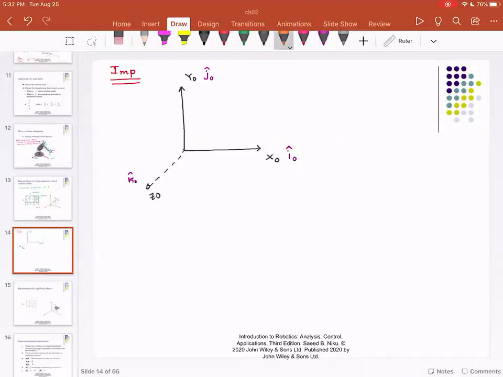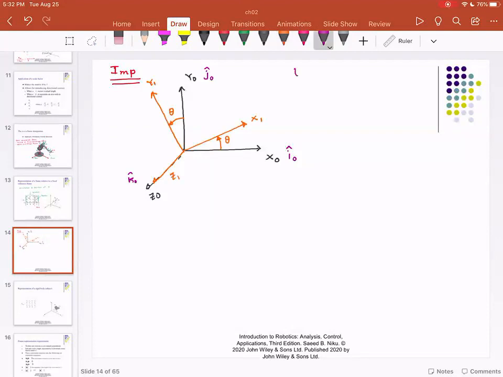Now I'm going to rotate this frame something like this, with maybe angle theta. So check this out. This whole thing got rotated by angle theta. So this is going to be x1, y1, and please note the rotation was about z. So z1 and z0 are the same.